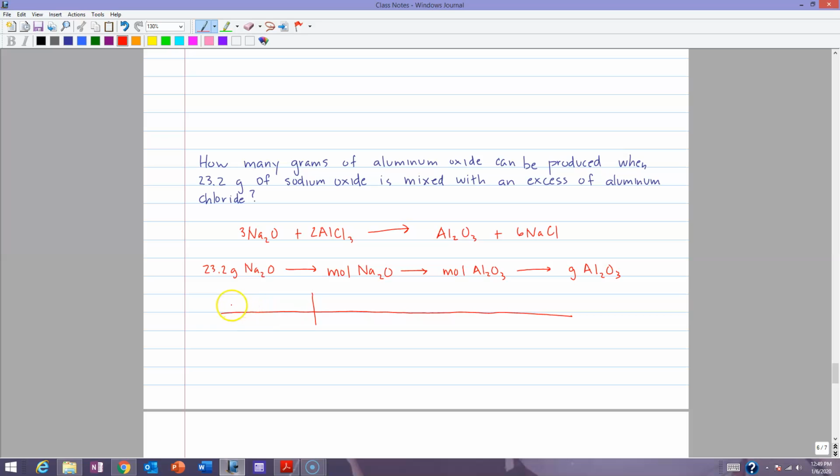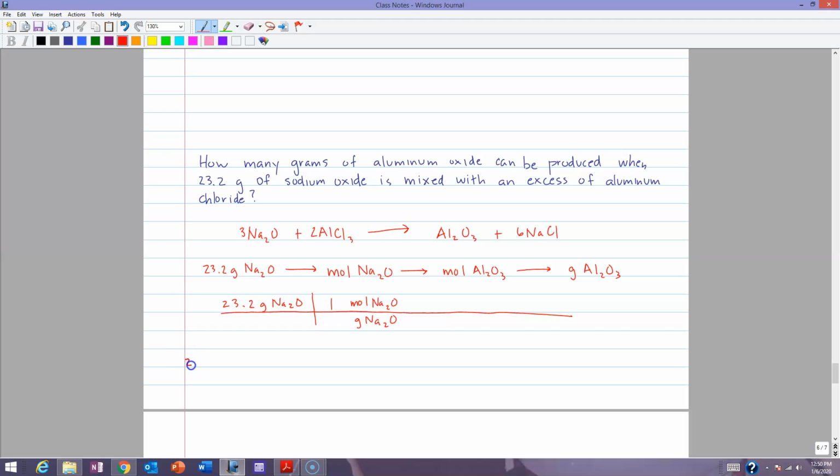In the T-chart, in the given column, I'm going to put 23.2 grams of sodium oxide. Carry grams of sodium oxide down, then moles up. Moles and grams, one is going in front of the moles.